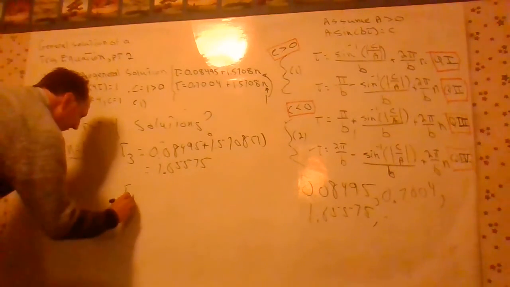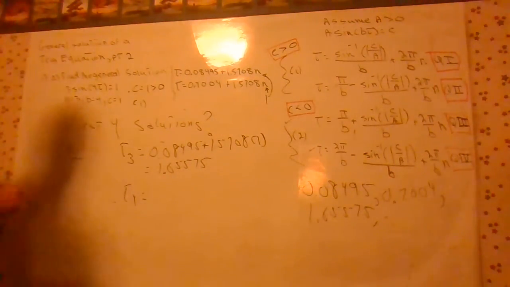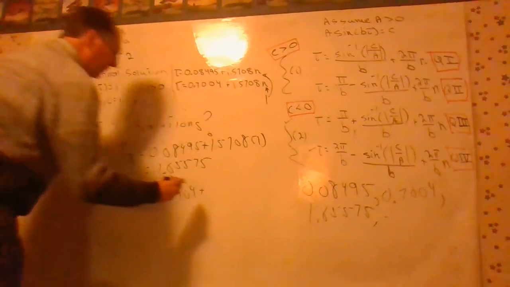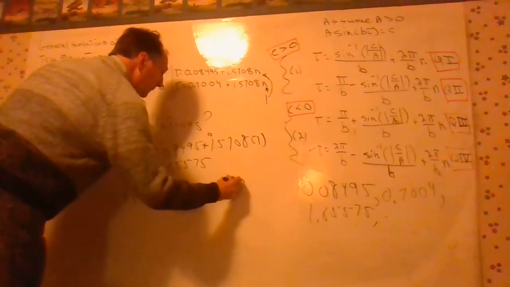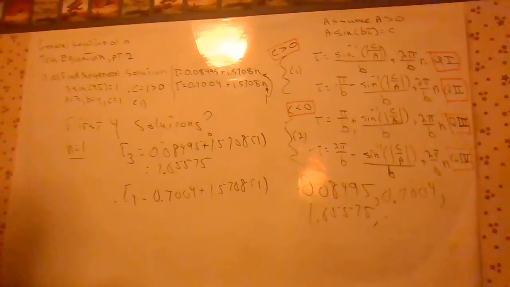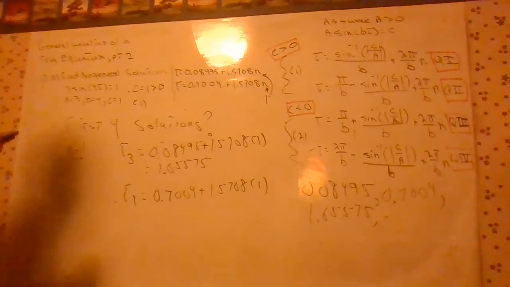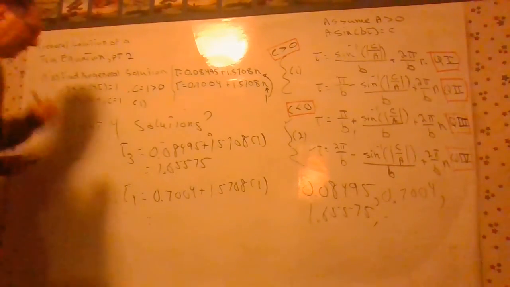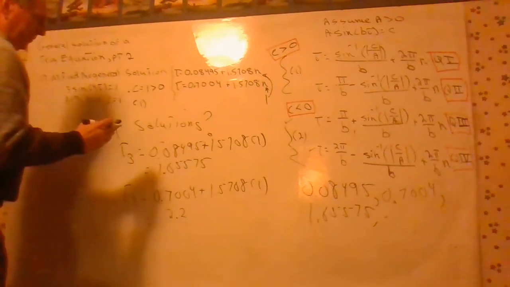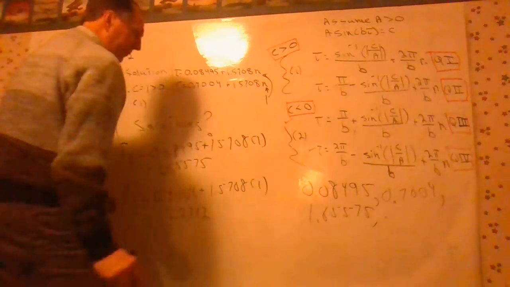And we can let T4 equals, and so we got 0.7 and we end up getting 2.2712.